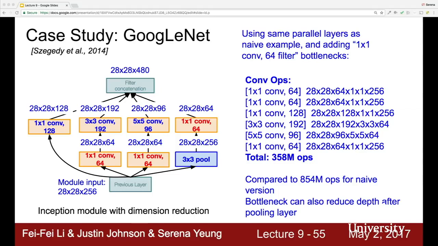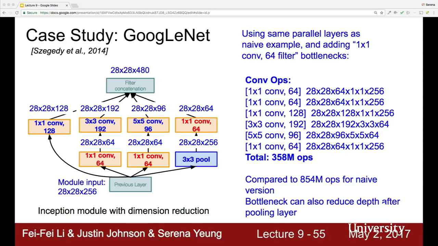So instead of 28 by 28 by 256 coming into the 3 by 3 conv, we only have a 28 by 28 by 64 block coming in. This is now a smaller input going into these conv layers. The same thing for the 5x5 conv. And for the pooling layer, after the pooling comes out, we reduce the depth after this.